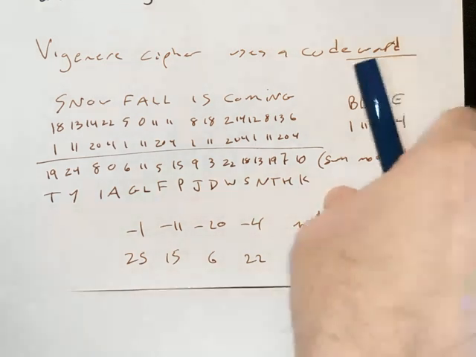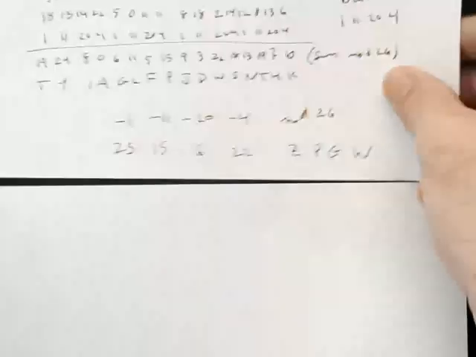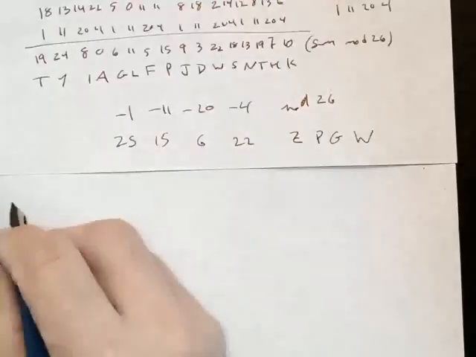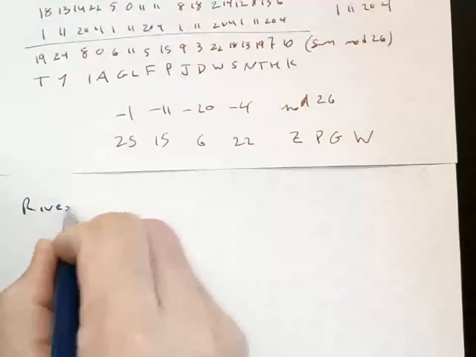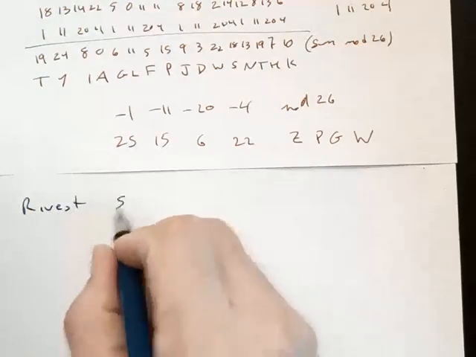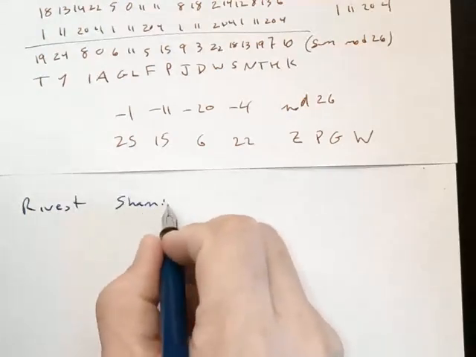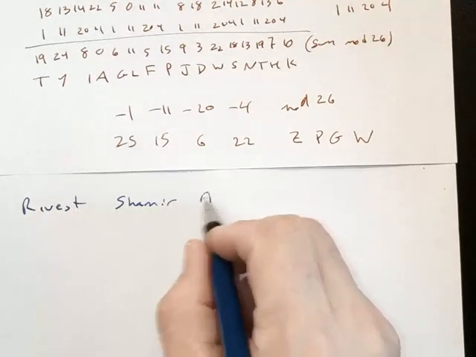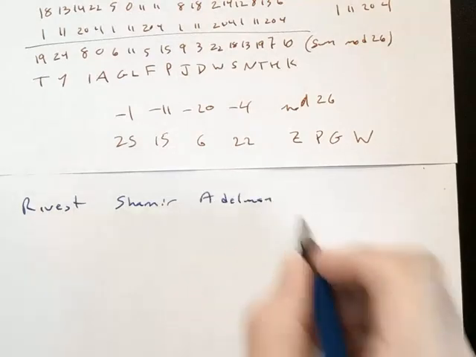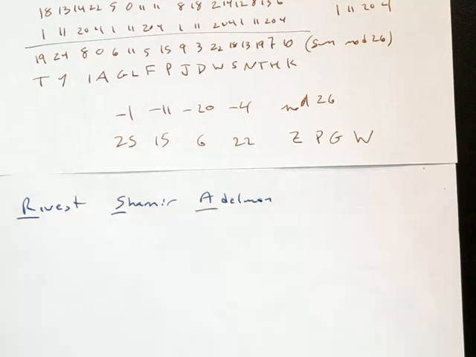Three guys, Ron Rivest, Adi Shamir, and Leonard Adleman came up with one that now bears their initials, the RSA encryption.